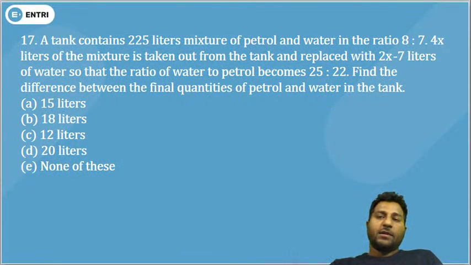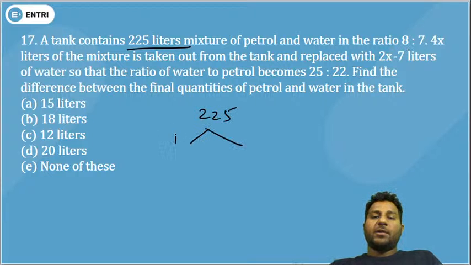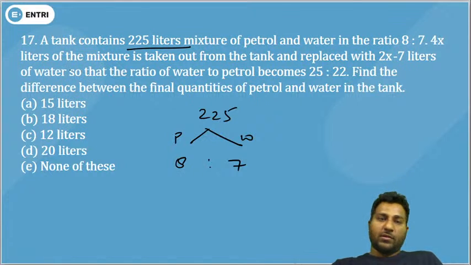Next, tell me. A tank contains 225 liters of petrol and water in the ratio 8:7. If 4x liters of mixture is taken out from the tank and replaced with 2x minus 7 liters of water, so that the ratio of water to petrol becomes... First of all, 4x mixture has been taken out.